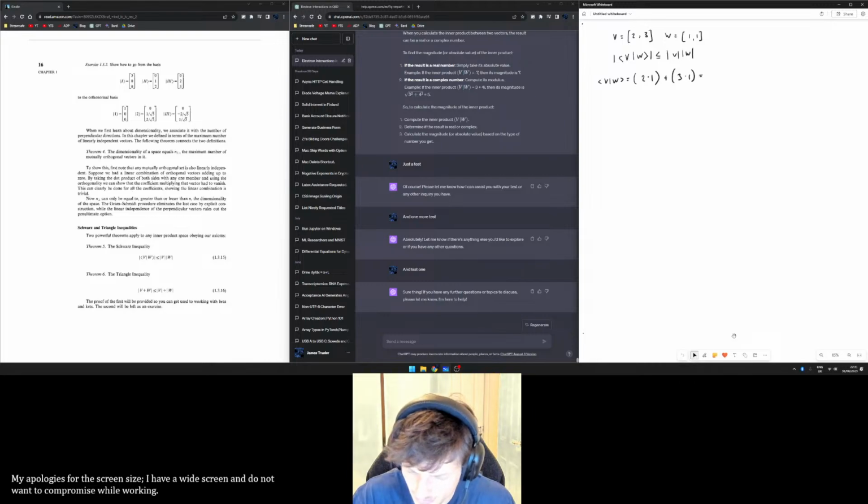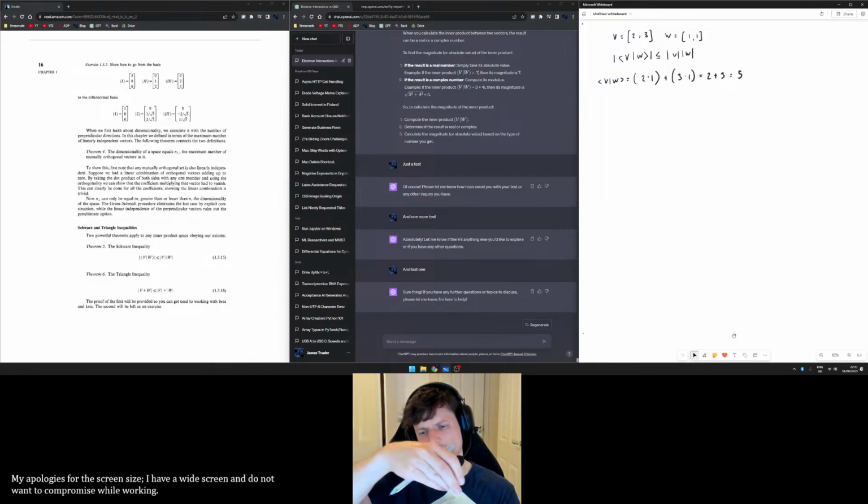Then we have 2 plus 3, which equals 5. So the inner product was 5. Let me just double check this, because I think I remember I made a mistake somewhere.